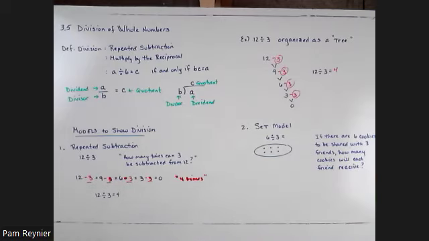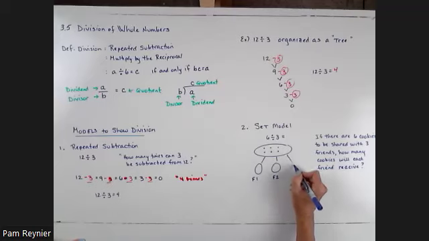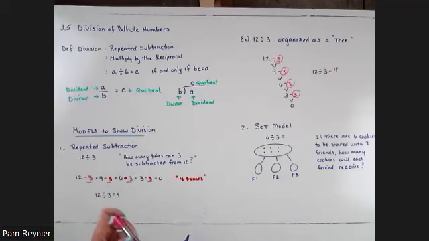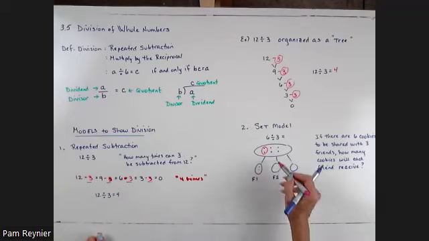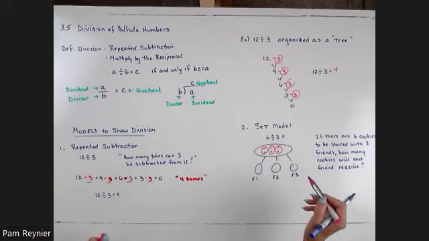So if I take my set that has 6 cookies in it, and I know I have 3 friends, so here's friend number 1, here's friend number 2, and here's friend number 3, we can sort of subdivide these cookies into little groups, and we can say, well, it looks like I can put 2 of these cookies for the first friend, I can give 2 of these cookies for the second friend, and I can give 2 of these cookies to the third friend with none left over.